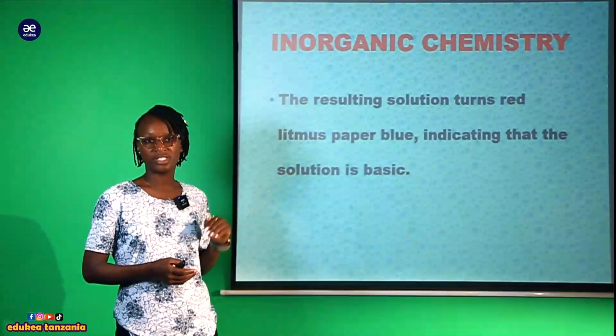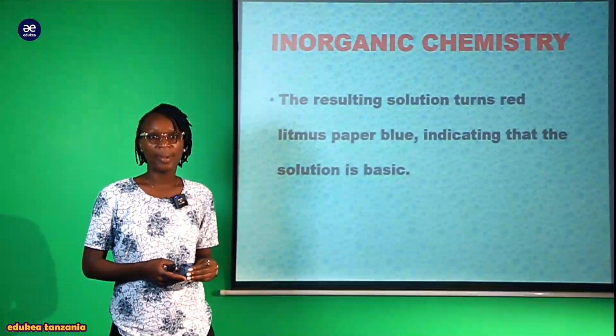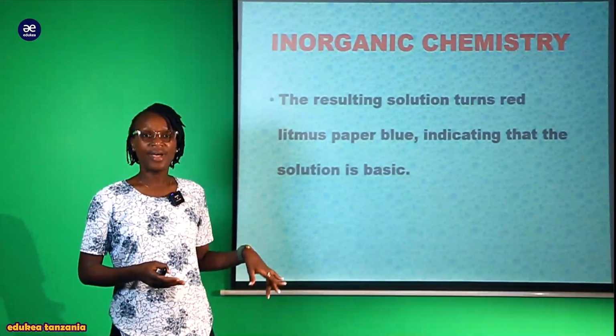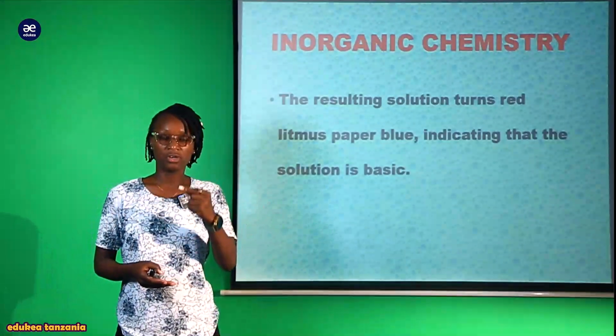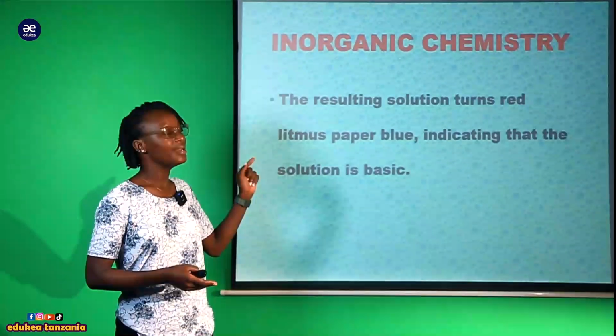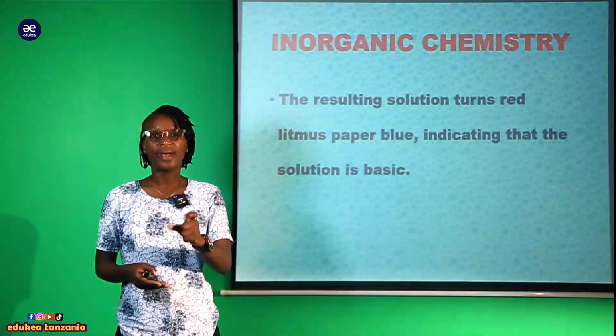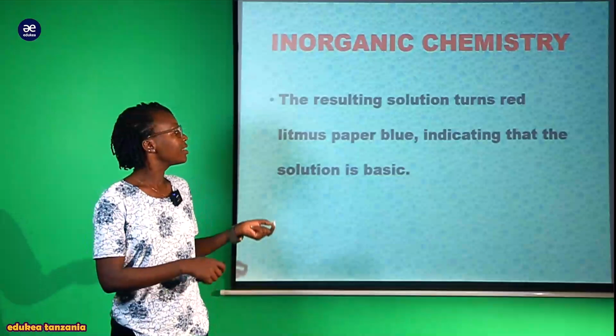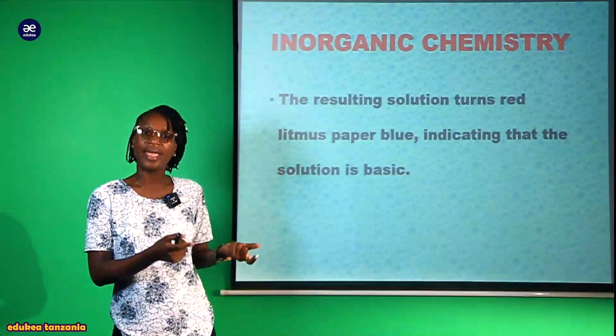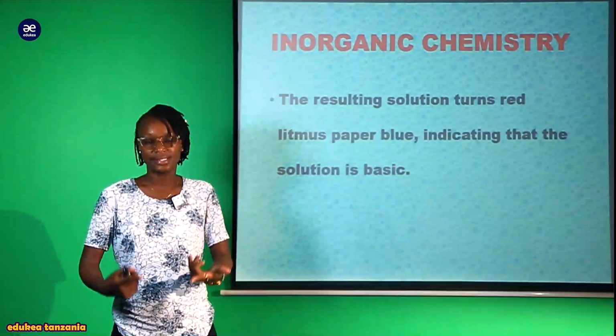Sasa wakati unafanya experiment yako hii, una sodium metal pale, umedissolve kwenye water and finally umepata formation ya sodium hydroxide. Obviously utaona kuna mabadiliko yanabadilika kwenye ile litmus paper as an indicator.